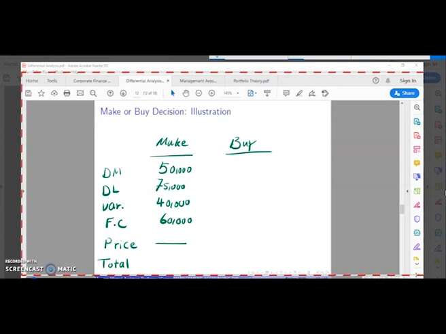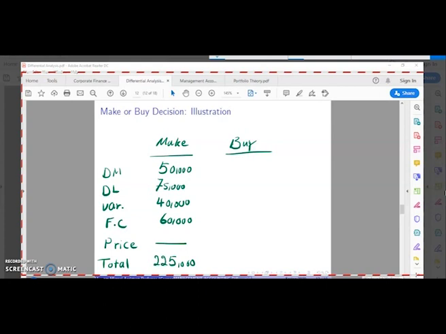I don't need to pay to buy any components, and the total cost by producing the product will be $225,000. I just added up all these components of cost.